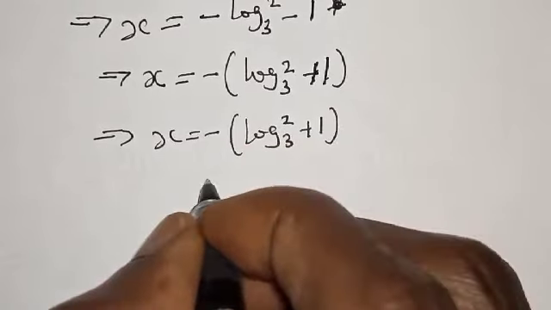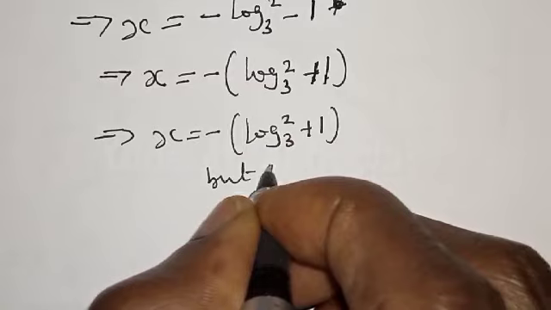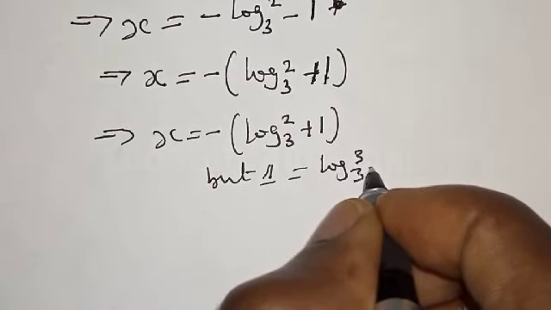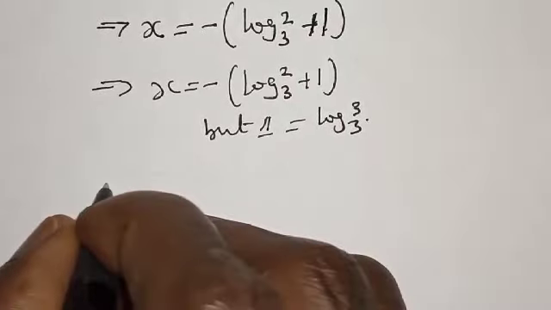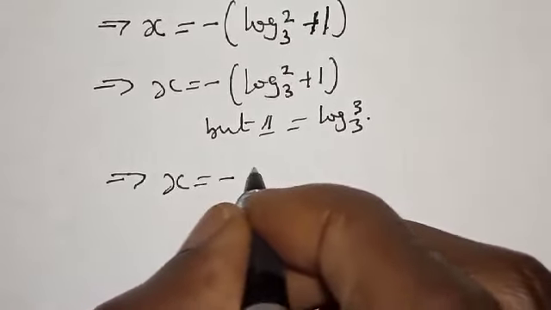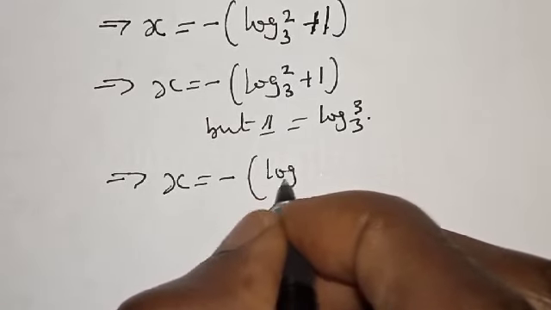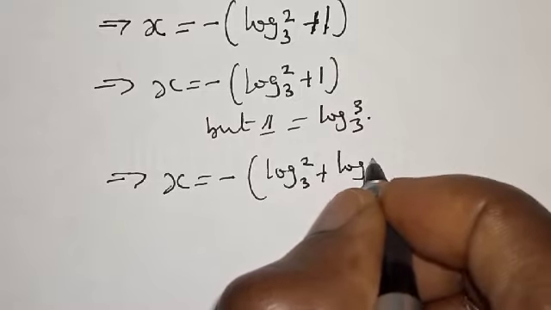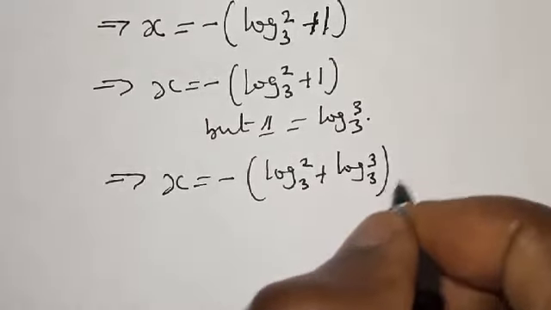It will now be plus 1 because we factored minus out. I rewrite that, but 1 is equal to what? Log 3 base 3. Then this implies that we have x to be equal to minus into log 2 base 3 plus log 3 base 3.